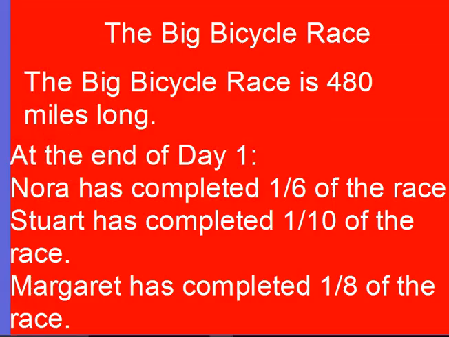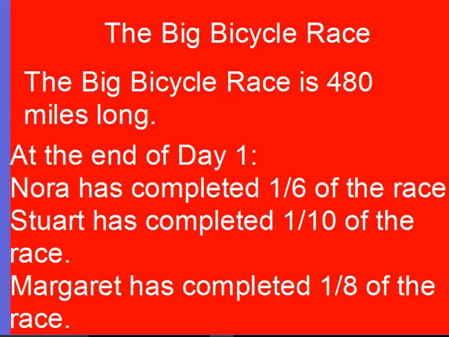Okay, boys and girls, we're going to start multiplying, but we're going to multiply a whole number by a fraction. If you look here, we have the big bicycle race, and the bicycle race is 480 miles long. Nora, Stuart, and Margaret are long distance bicycle racers.